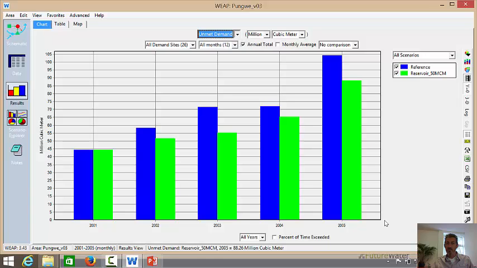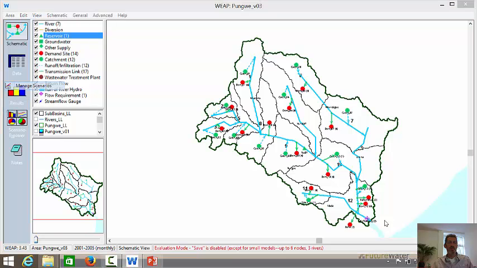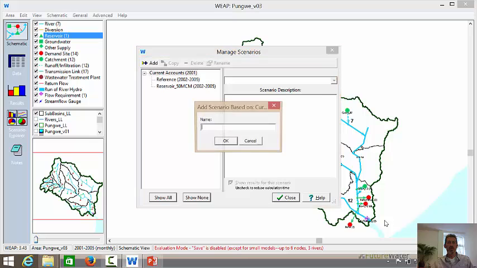The question is, of course, maybe this 50 million cubic meter of reservoir storage is not sufficient. So let's create very quickly another one where we just say, what happens if we build a reservoir with a storage capacity of 500 million cubic meter? So we go back to schematic, we go back to manage scenarios, and we create a new scenario, and I will call that scenario reservoir 500 million cubic meters.